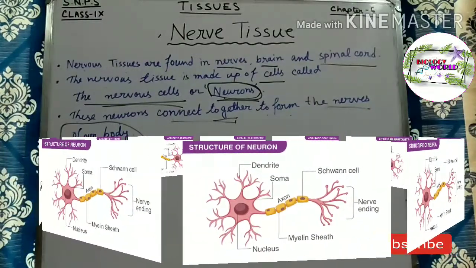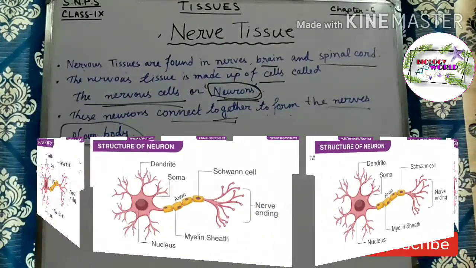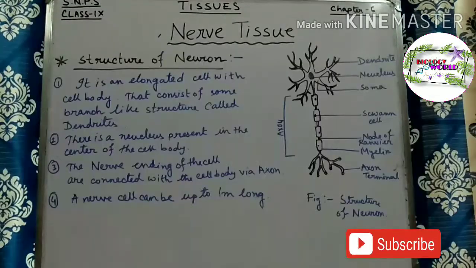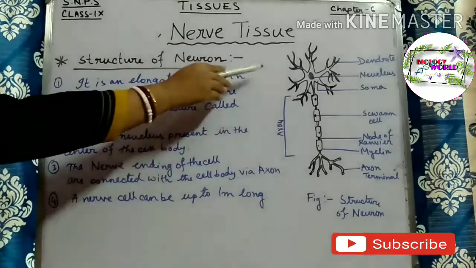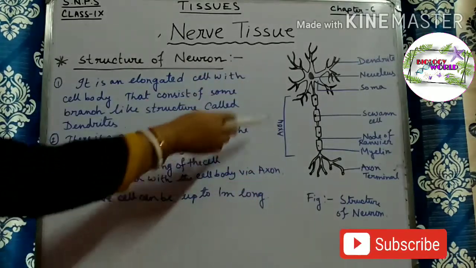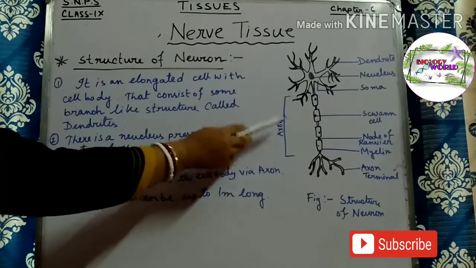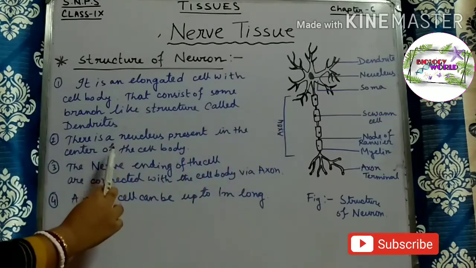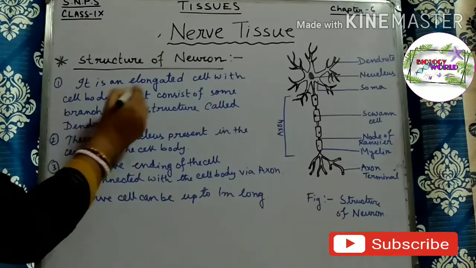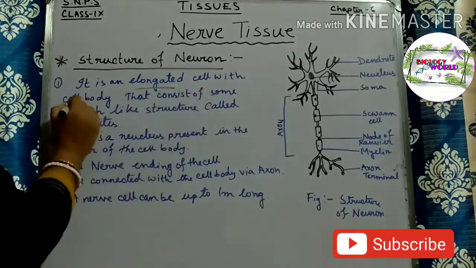Now we will see about the structure of the neuron. Here everyone can see the structure of the neuron drawn. It is an elongated cell with a cell body.